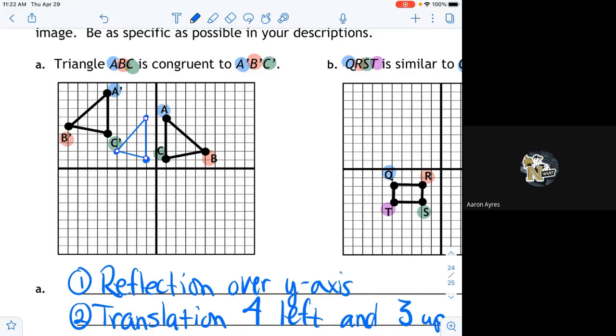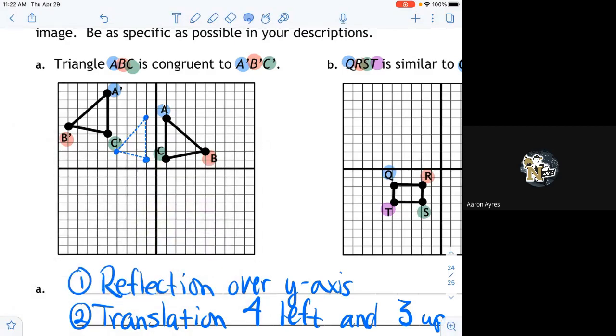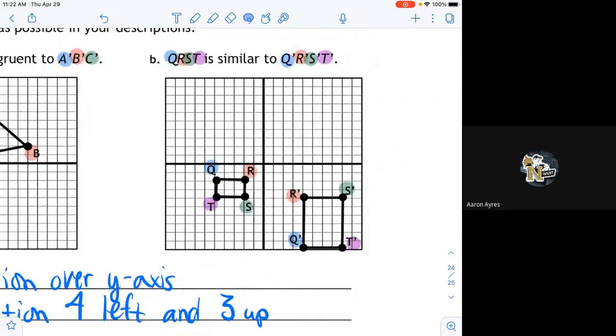Did you guys get B figured out, too? Good. Abby, did you figure out what one of the transformations was on B? Okay. Do you know how much in which direction? Okay.